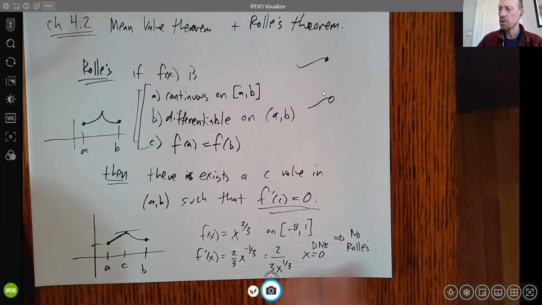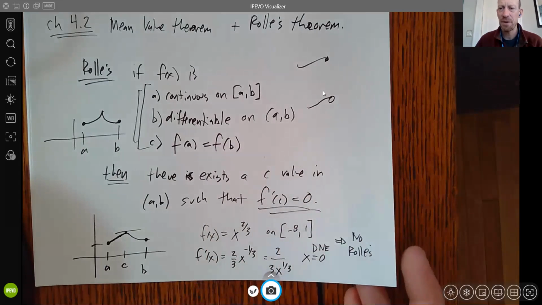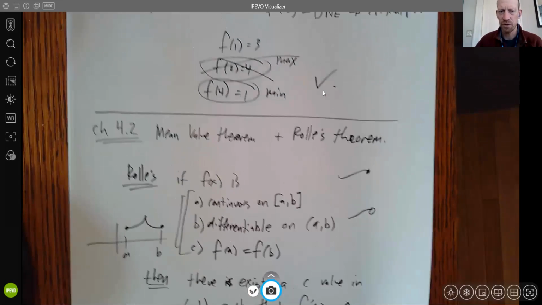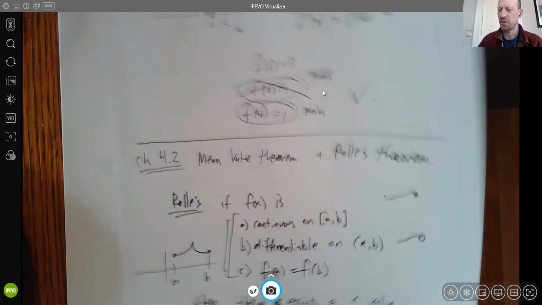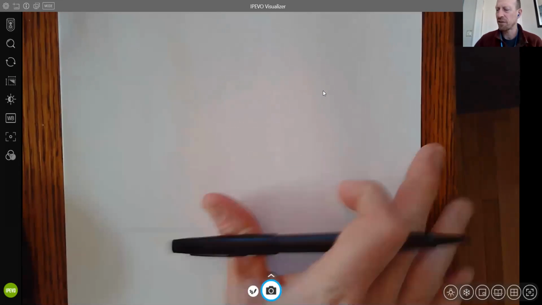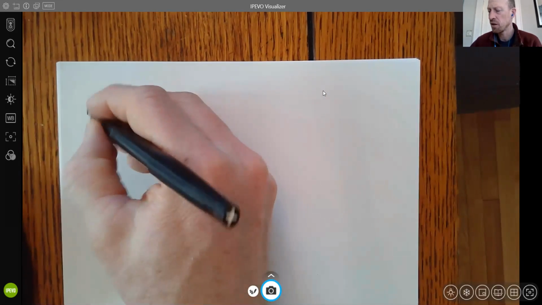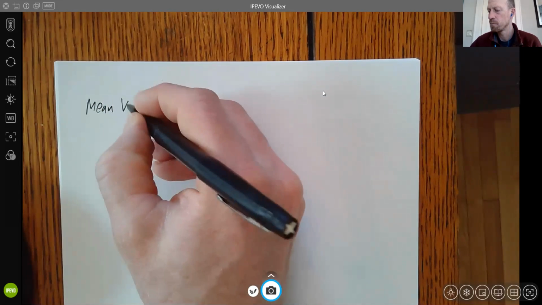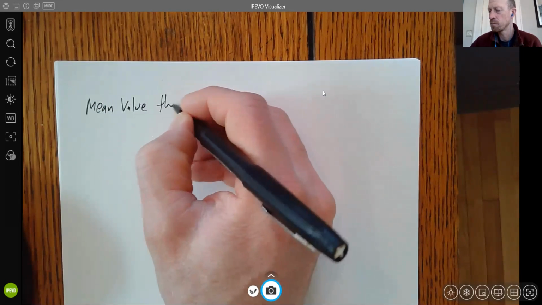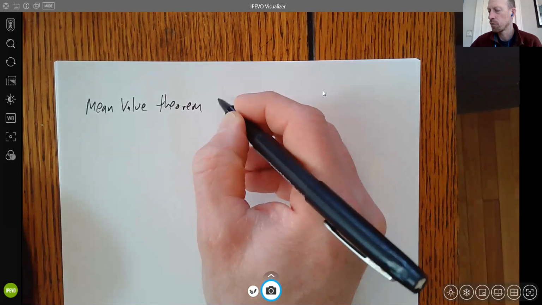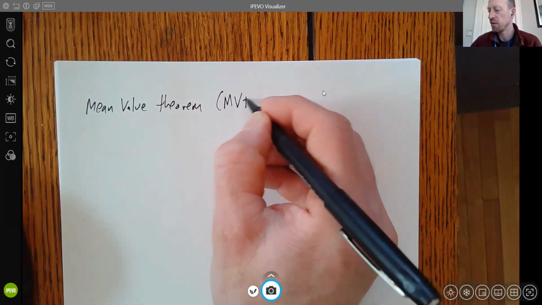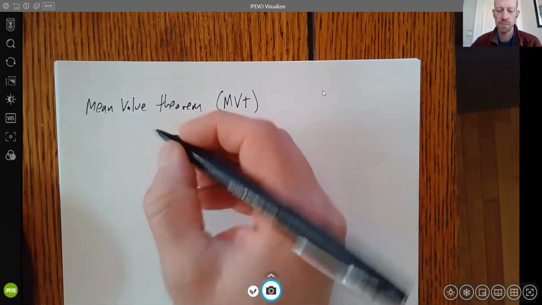Okay, so maybe even a little more than I was planning on Rolle's theorem, because the mean value theorem is actually the more important of the two. They're very similar to one another. MVT, mean value theorem.